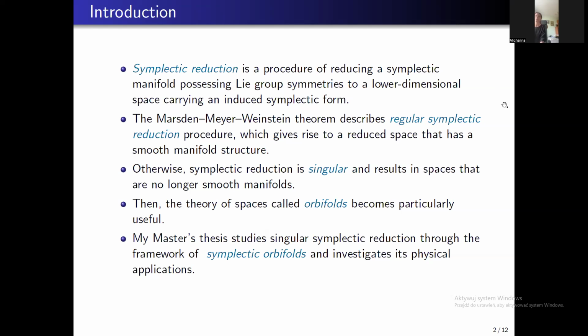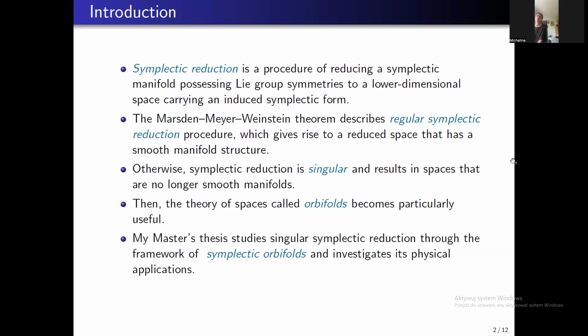However, when this reduced space is not a smooth manifold, the reduction is called singular, and we have spaces that are no longer smooth manifolds, and we need some more general structures to describe them. Then the theory that becomes particularly useful is the theory of spaces called orbifolds.